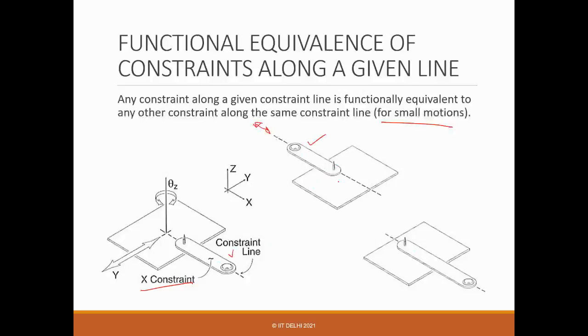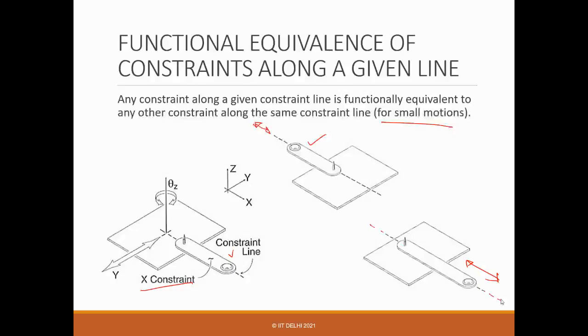Or whether the pin is here. Even if we change the connection point, but still maintain the direction, they are equivalent. So talking about the small motion is true, that provides the constraint along the same line. So they are all equivalent.